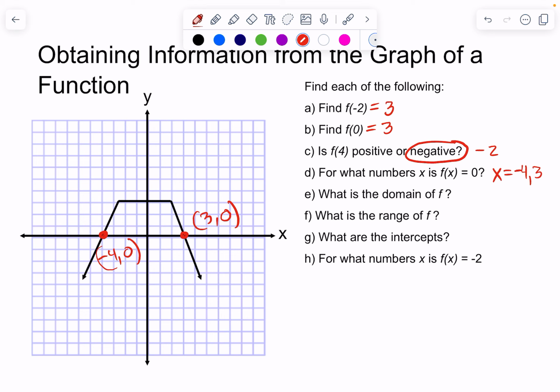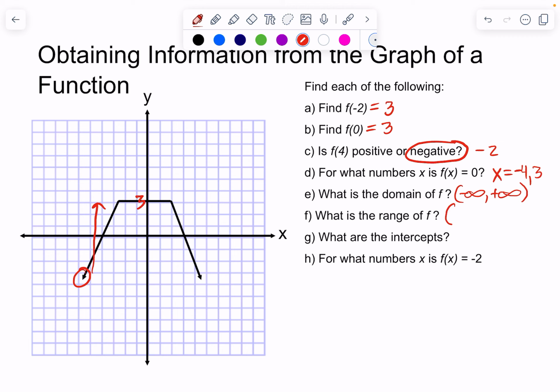What is the domain of this function? Well, I'm going little by little to the left forever and little by little to the right forever. So that's going to be all real numbers from negative infinity to positive infinity. What is the range? Well, the range, we're dealing with the possible y values. And we're going from negative infinity all the way to 1, 2, 3.